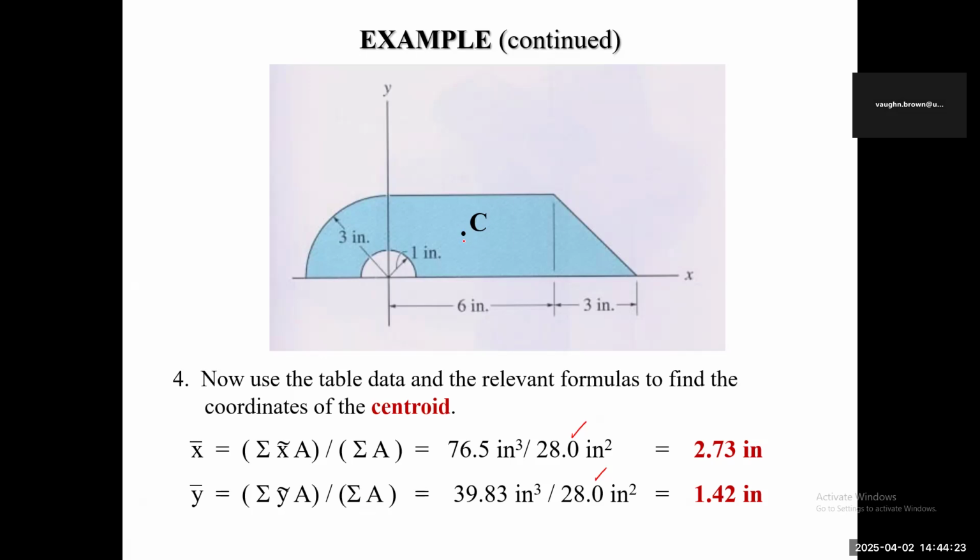So it's basically your x is like there. Not drawn perfectly to scale, but this is 2.73 for that little distance there. And then your y distance is 1.42. All right, so that is y bar and x bar, and that is the centroidal axis. All right, let's take it from there. And you know you can find the inertia of the figure by using the different formulas. All right, so let's move on.